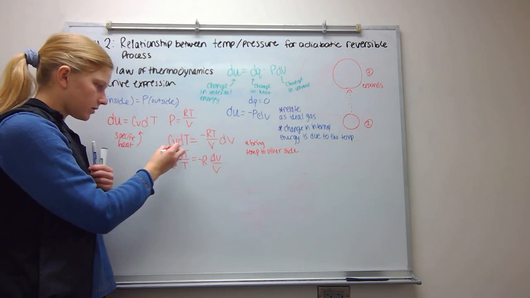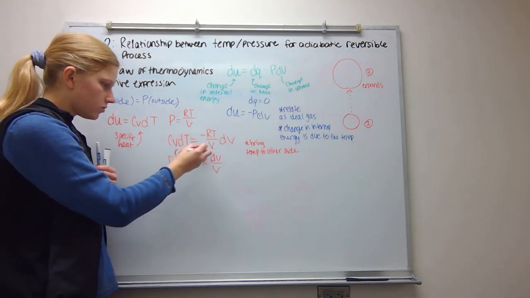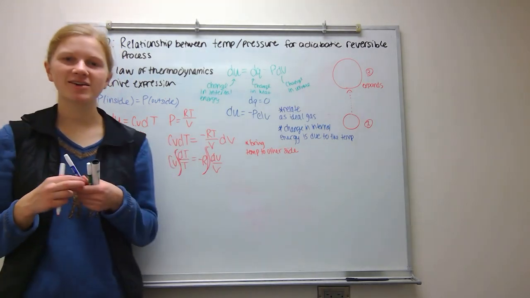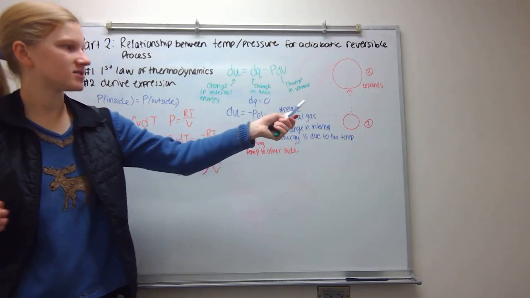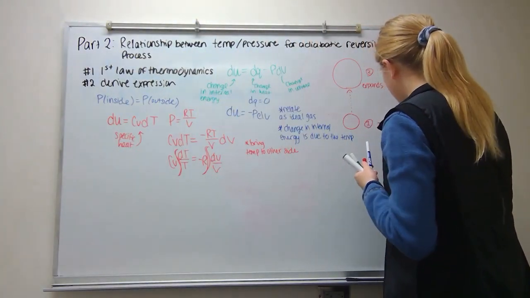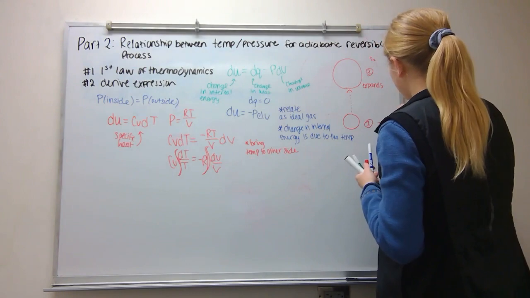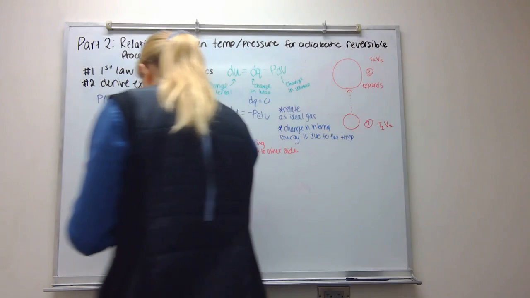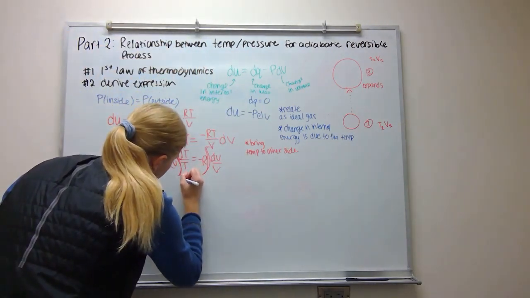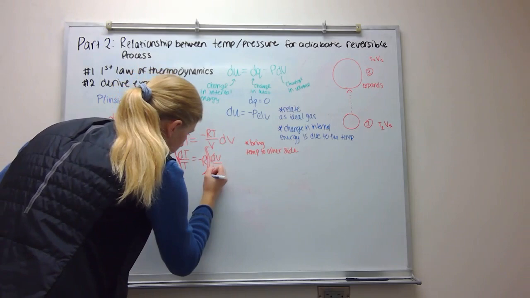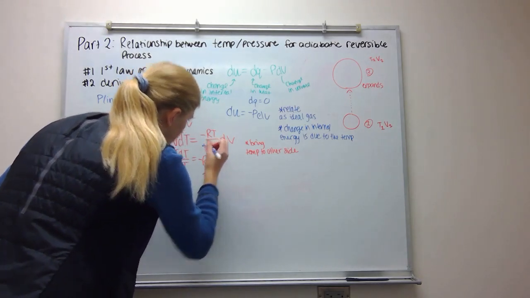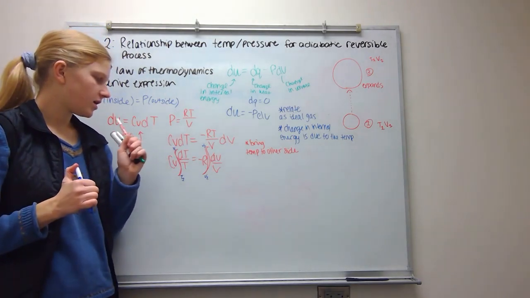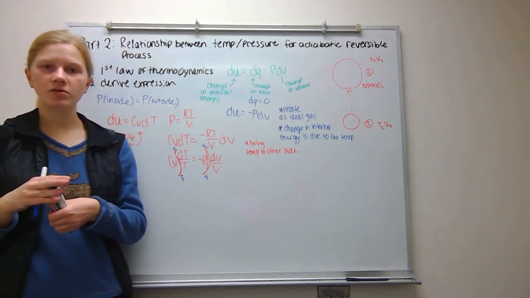So we'll put our integration signs in here, and we're going to integrate it based on our picture over here. So essentially we'll have our temperature at 1, temperature at 2, volume 1, volume 2. Those are going to be our limits of integration. Then when we integrate this, we will end up getting natural logs on both sides.